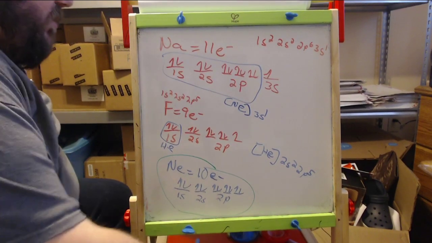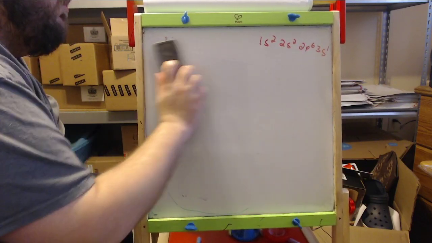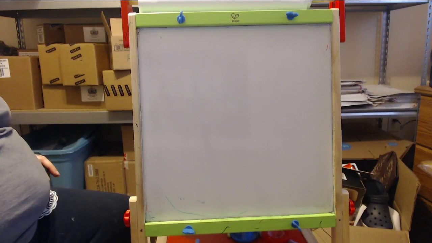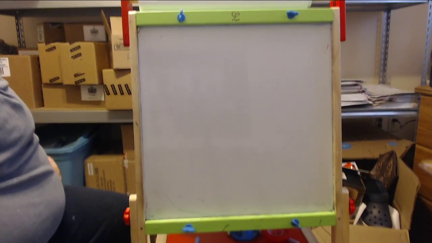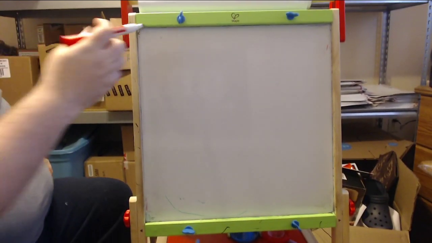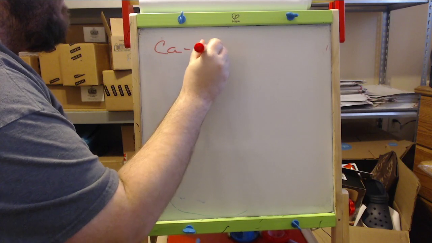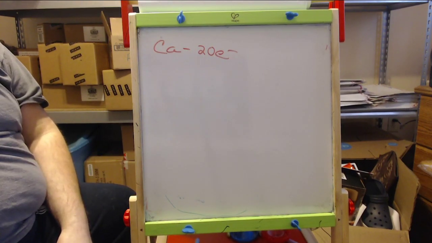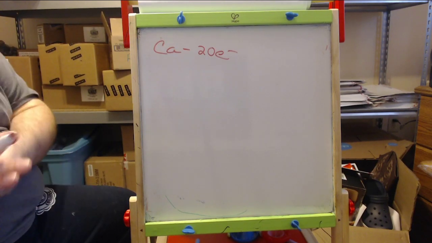So let's look at another one. Let's do calcium. Calcium has 20 electrons. I know this by looking on the periodic table, at the atomic number, which tells me the number of protons and therefore the number of electrons as long as I'm neutral.